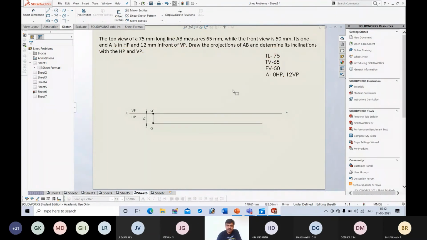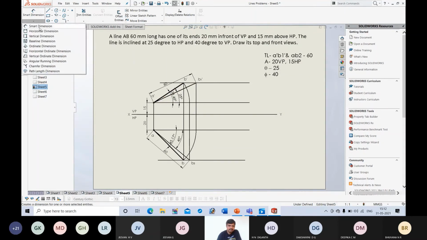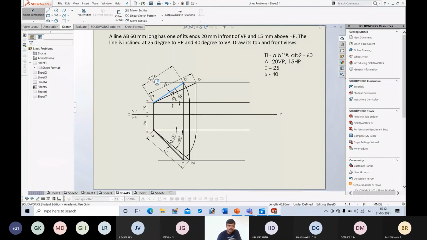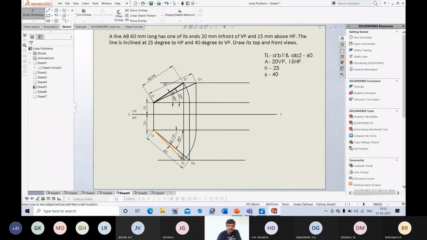Next, if you observe the previous solution, you can find one thing. This is the top view, this is the front view. The front view length is 45.96, that is 46.